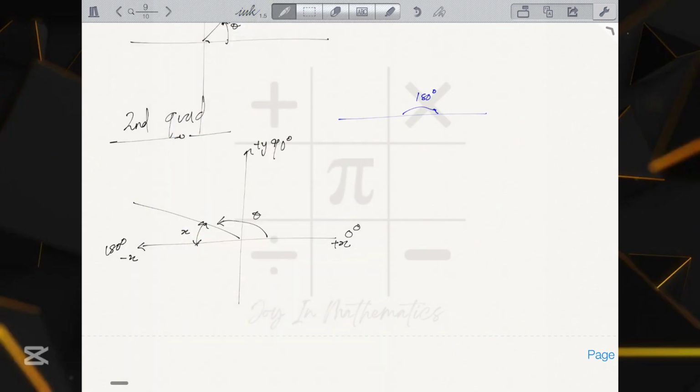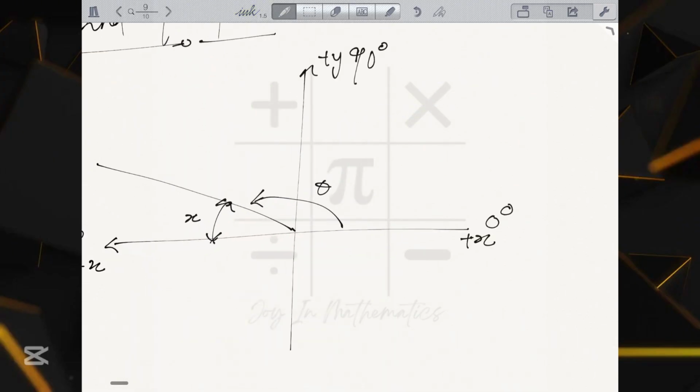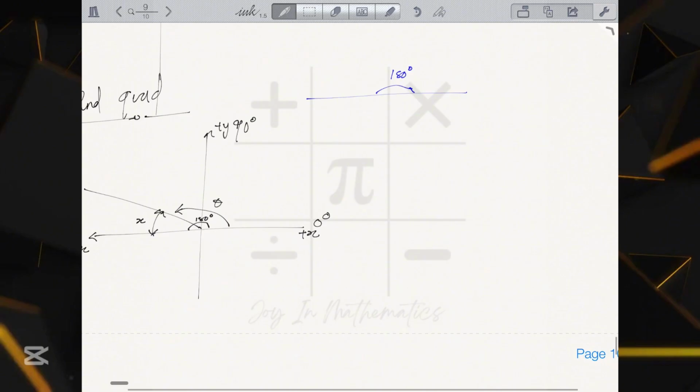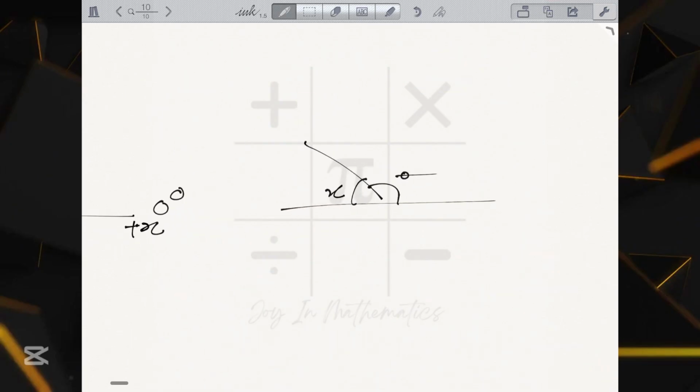So let's go back here. If the sum of angles here is 180 degrees and this is theta, so let's bring it out. I have theta, and I have x. Therefore, if the sum of angles on a straight line is 180 degrees, then theta plus x is equal to 180 degrees.